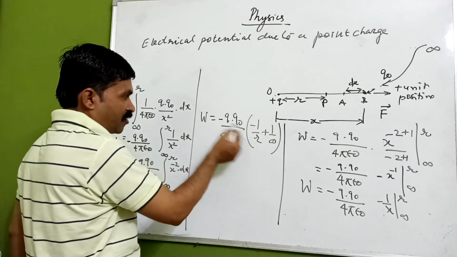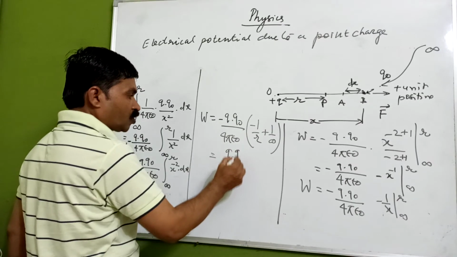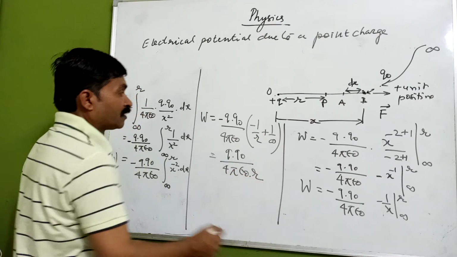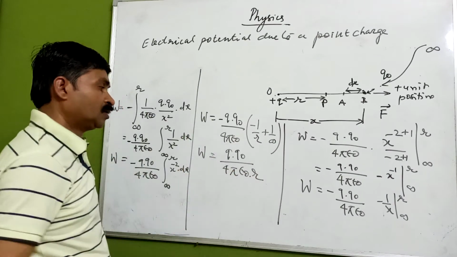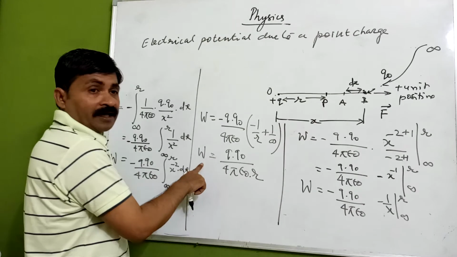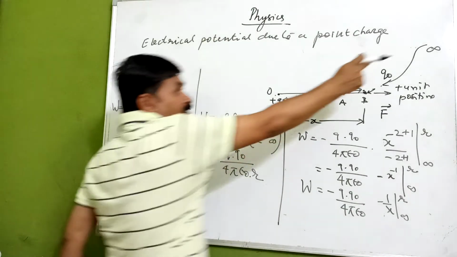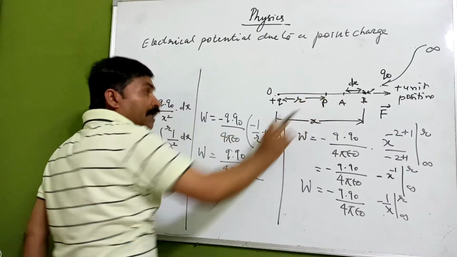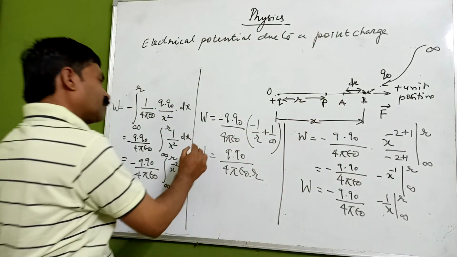Minus 1 upon r multiplied with this gives q into q naught upon 4 pi epsilon naught into r, which is equal to W. So the work done for bringing this charge q naught from infinity up to this point r is the work done that we have calculated here.